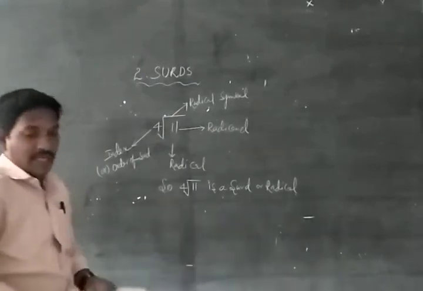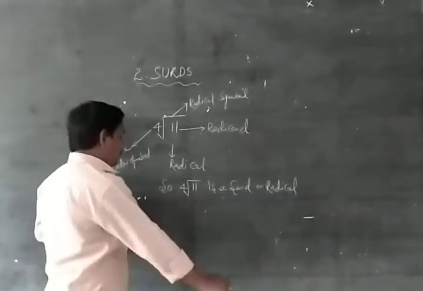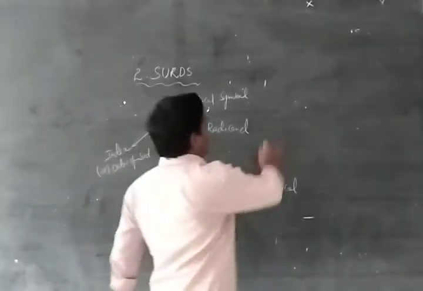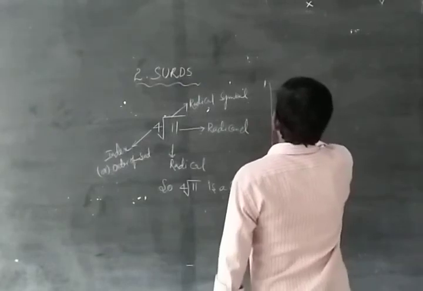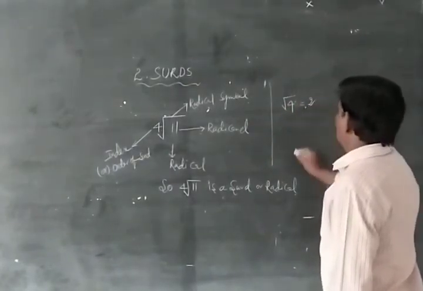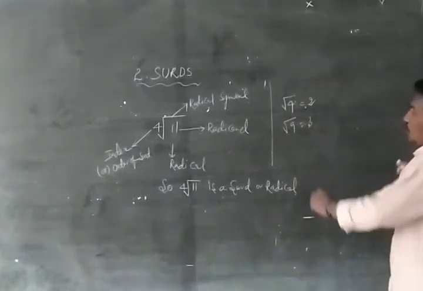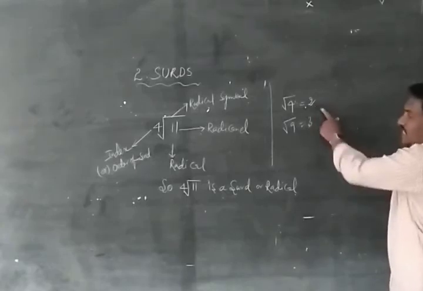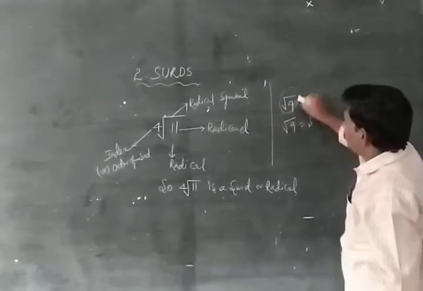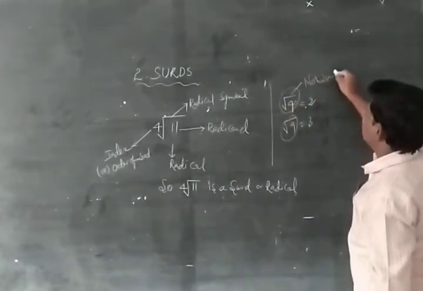Okay. For example, root 4 has value 2, root 9 has value 3. So we got rational numbers. That's why these are not surds.